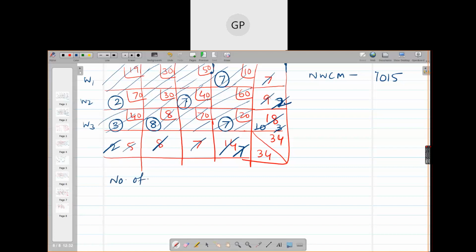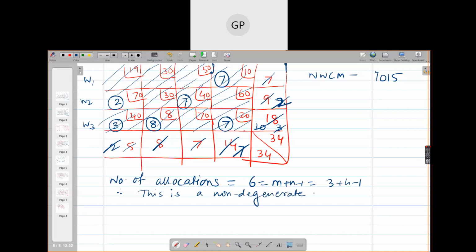How many allocations? Allocations means the cells where you are putting the units. 6, which is equal to 3 plus 4 minus 1. Therefore, this is a non-degenerate IBFS. Now what is the cost?